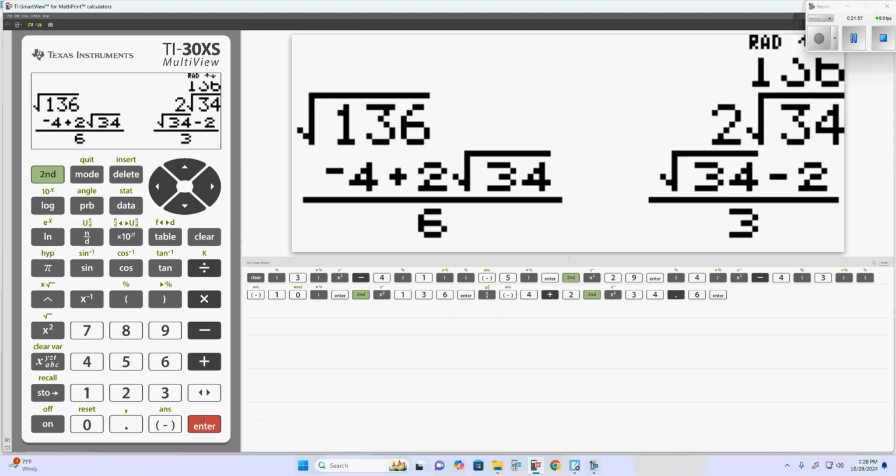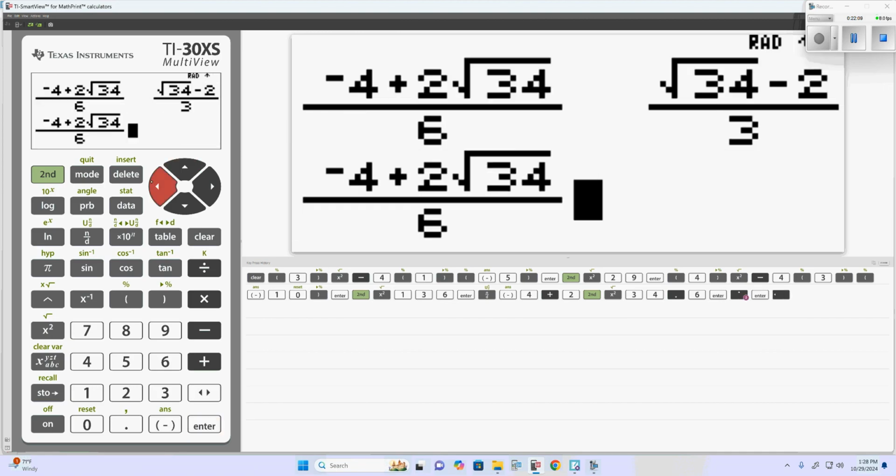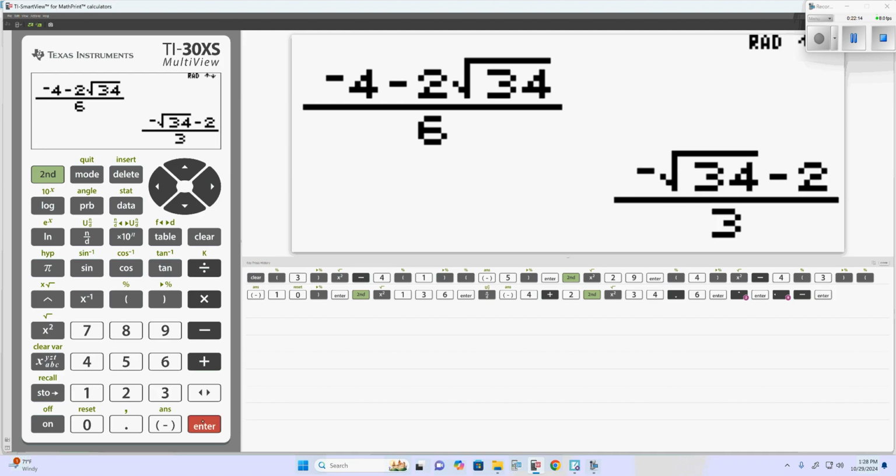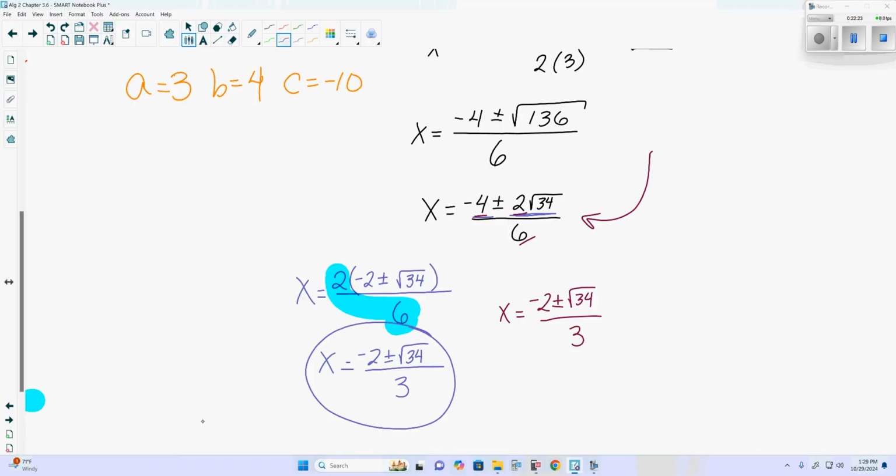And it does reduce. Our -4 becomes -2, our 2 square root of 34 just becomes the square root of 34, and our 6 becomes 3. We could do the exact same thing with minus instead of plus, and we get the exact same thing, but the radical is negative this time instead of positive. It's our plus or minus. Questions on how we got to our answer?